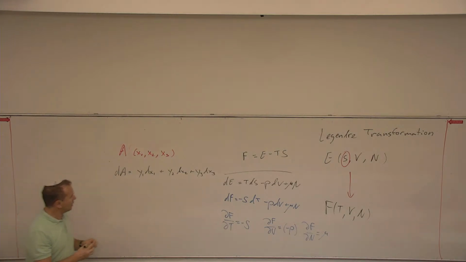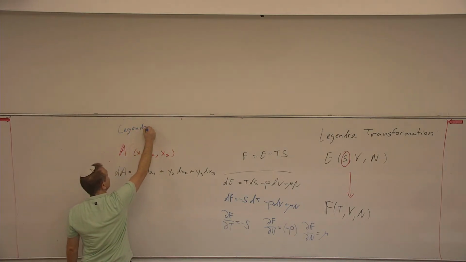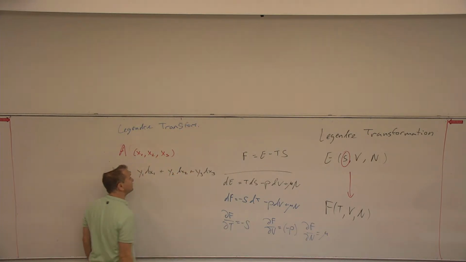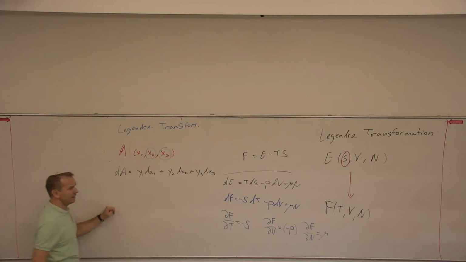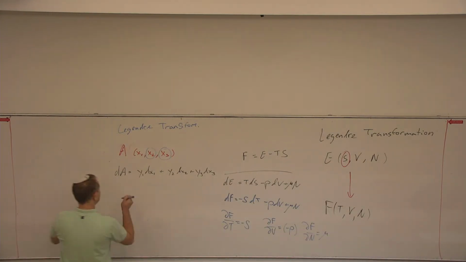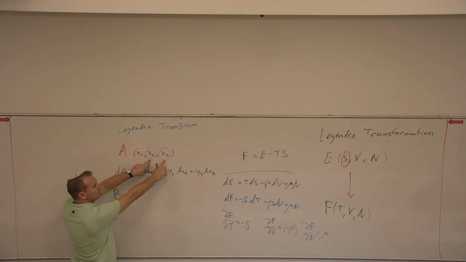The Legendre transformation tells us the following. You don't really like x2 and x3. Okay? So you define a function B, which is going to be A, and for example, you want to swap x2 and x3. Great.